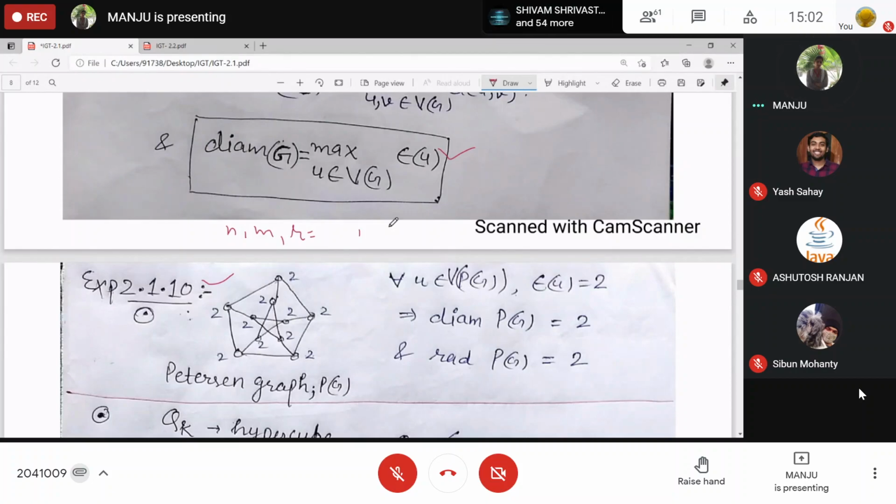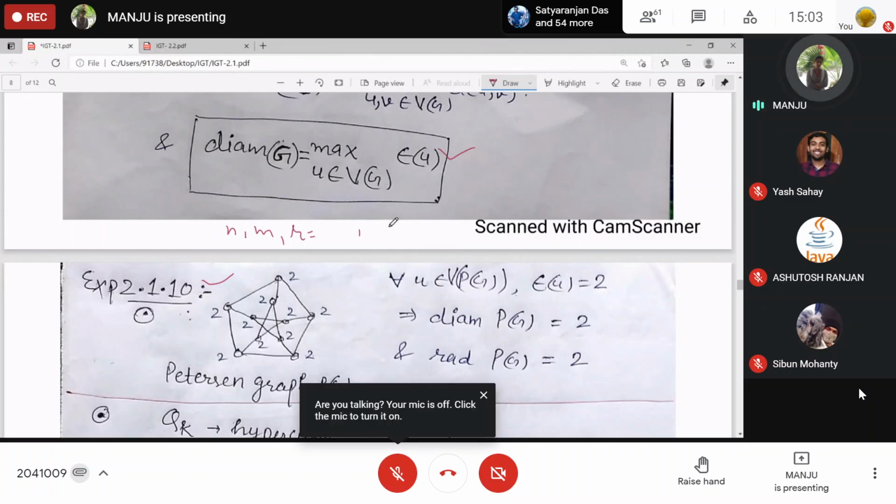On the basis of what did you define regular? If all the vertices have the same degree, then we say this is regular, right?